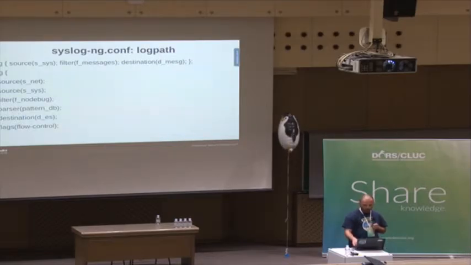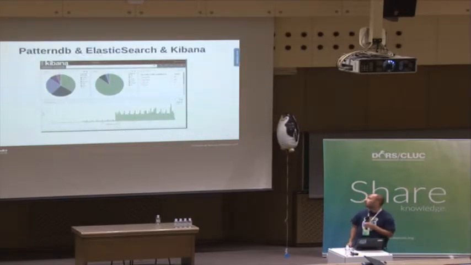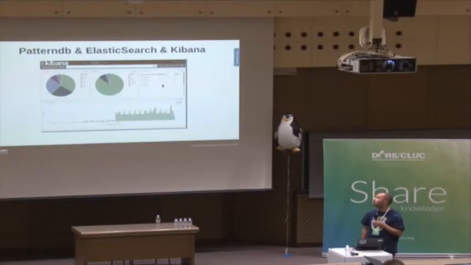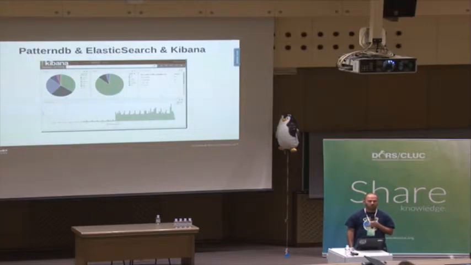With this simple configuration, you can already send your messages to Elasticsearch and create some nice graphs like this one. Here on the right-hand side, you can see a table with IP addresses parsed from SSH messages, so you can see where your users are coming from and which are the top connections.